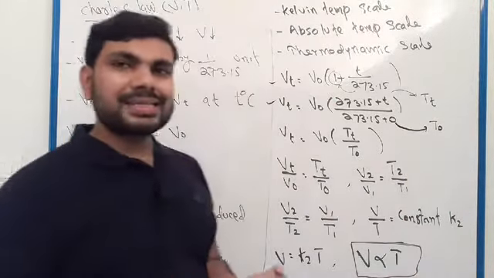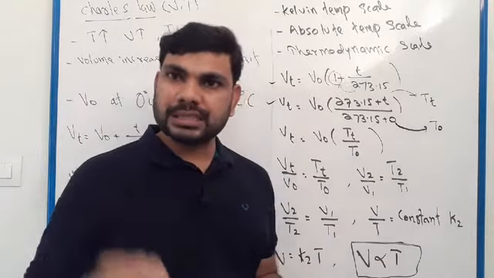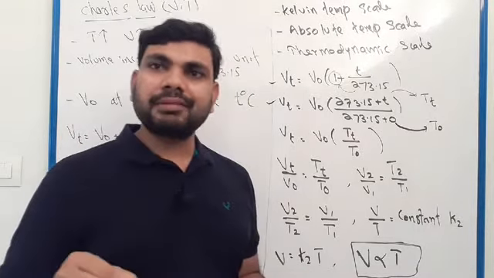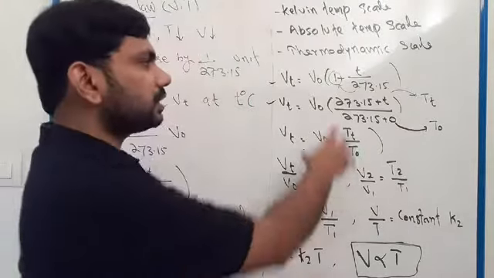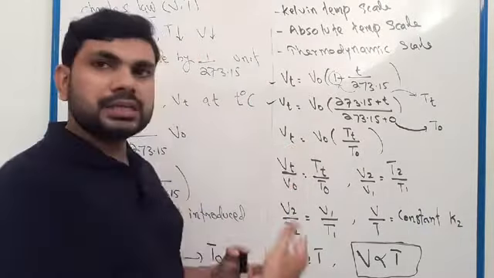So 273.15 plus T is Tt, and 273.15 plus 0 is T0. So we changed this like this: Vt equal to V0 times Tt divided by T0.